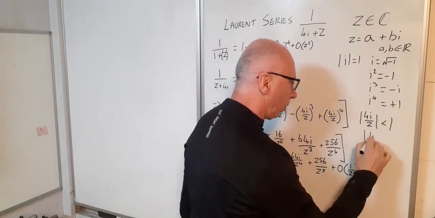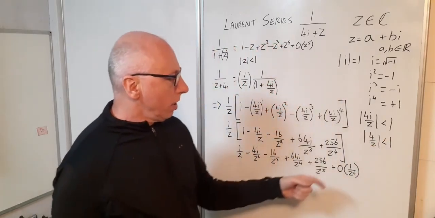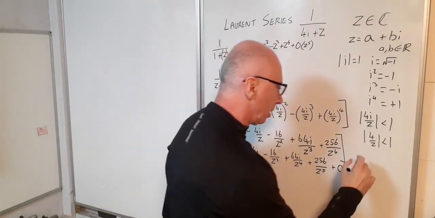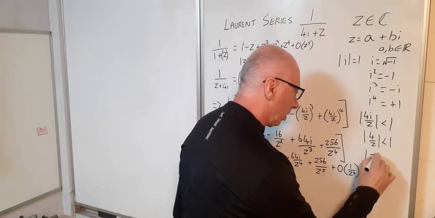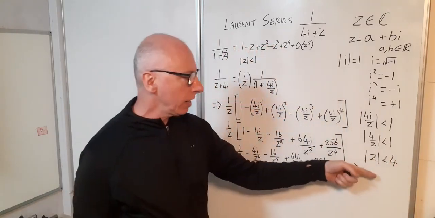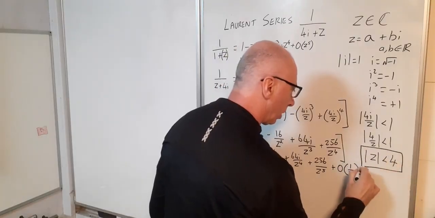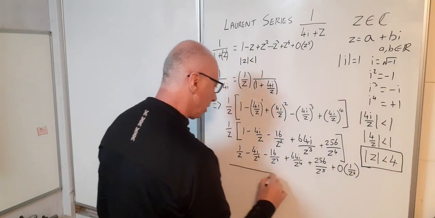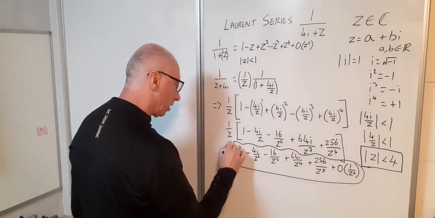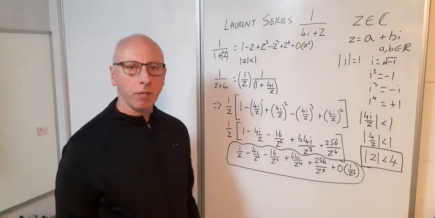So now I've got 4 over z, absolute value of that is less than 1. So now my absolute value of z is just going to be 4. So in this case, 4 over z, I need less than 4. So that's my radius of convergence. And this is my Laurent series. Okay, that's the Laurent series for 1 over 4i plus z.